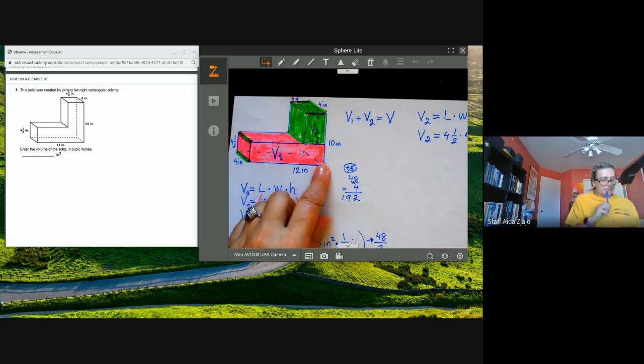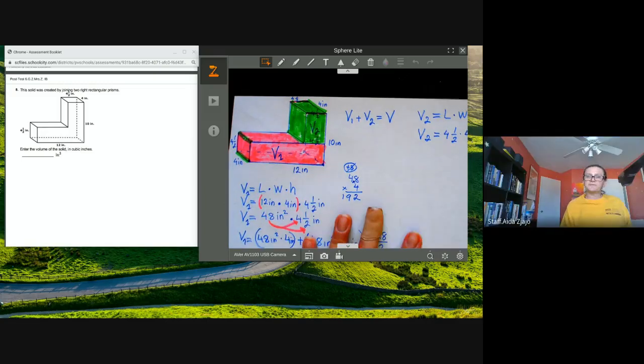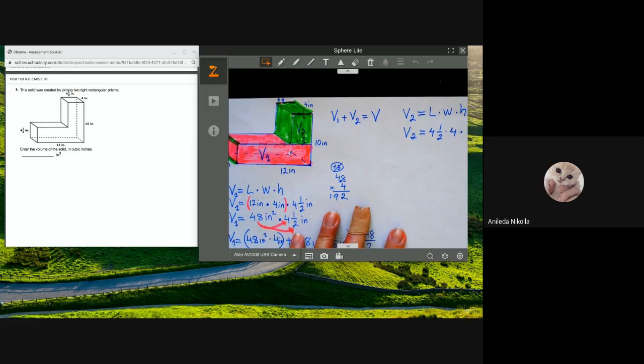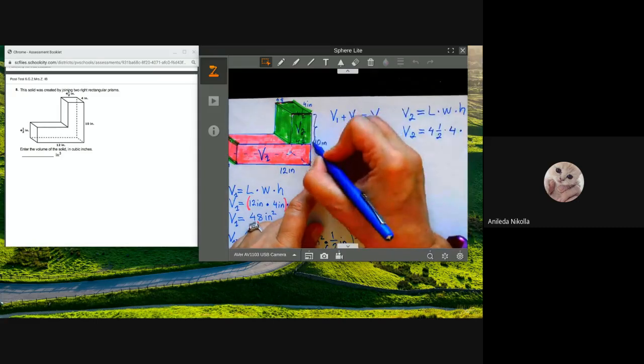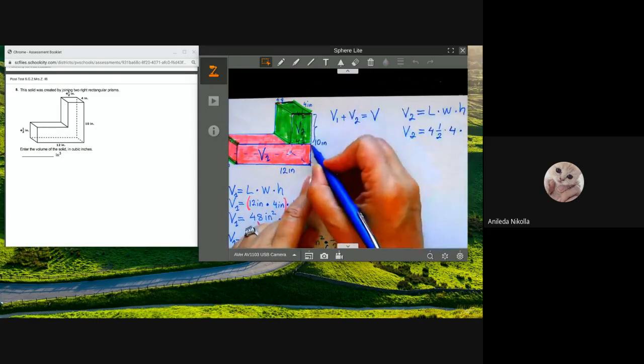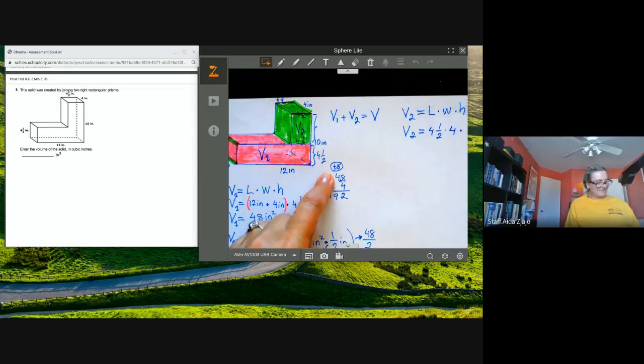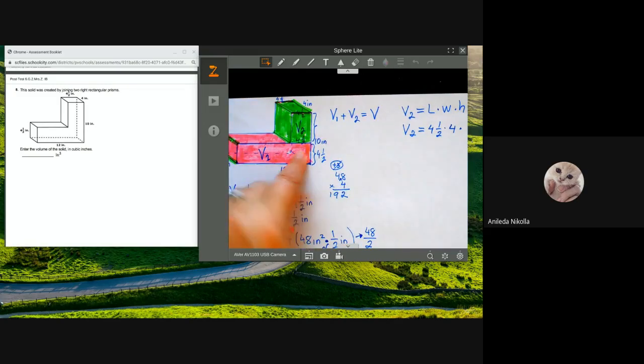Okay, and now the height. What would be the height? Since this height was supposed to be 10, but you have to take away 4 and 1/2 because over here on this side there's 4 and 1/2. Exactly.